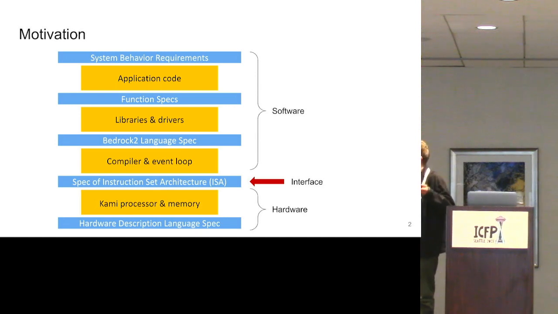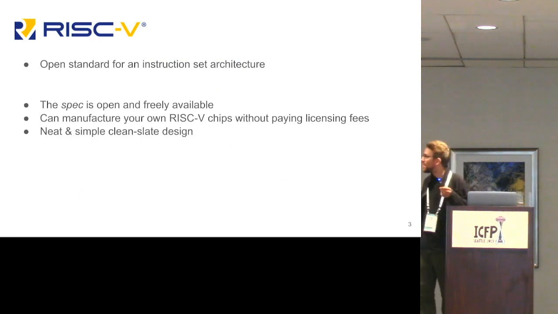Previous projects have typically used variations or simplifications of x86 or ARM, but recently RISC-V has appeared in the landscape, which is a whole new thing, because it's actually an open standard.